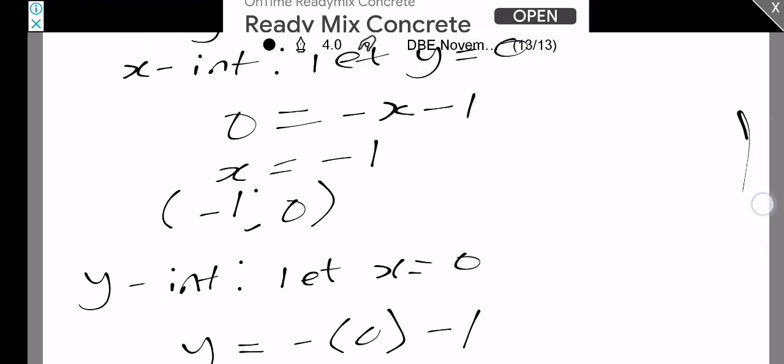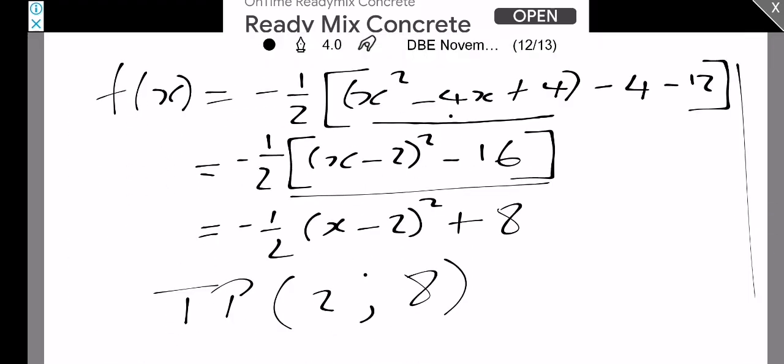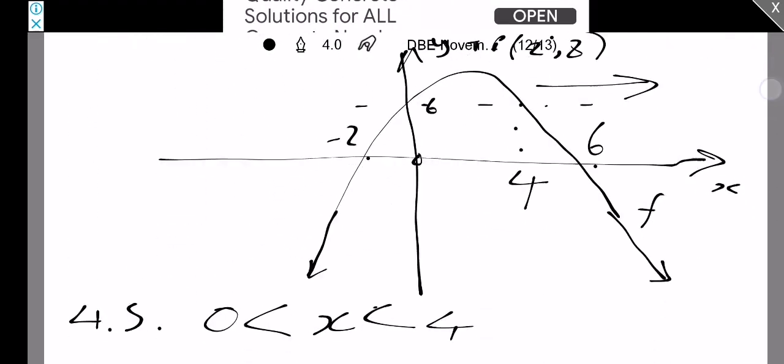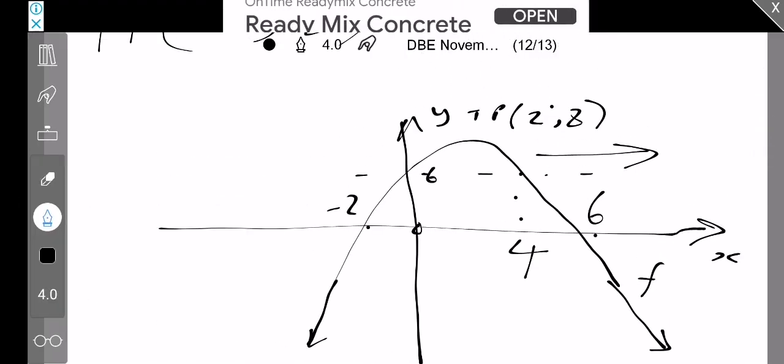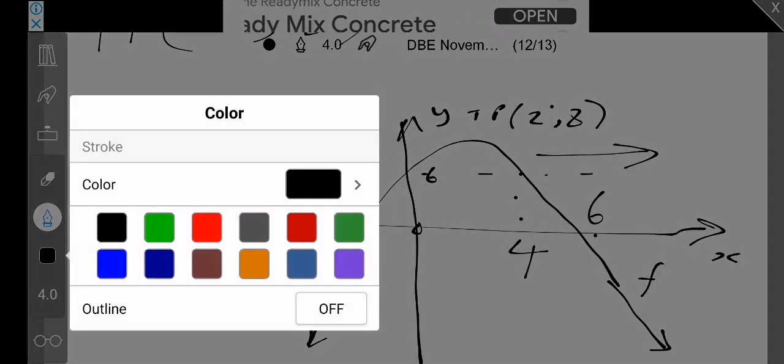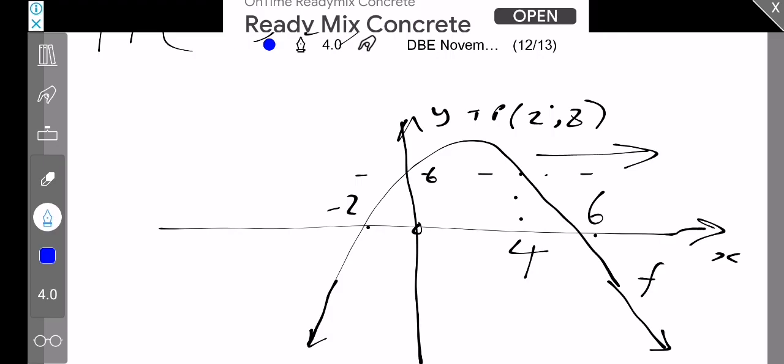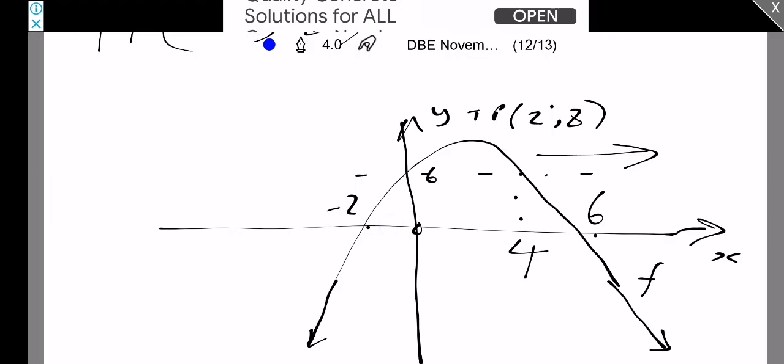Now let's go back to the graph. Since the instruction says we've got to draw it on the same axes as the graph of f, with a different color, of course, let's choose the color to be blue. The x-intercept was negative 1, say this here, and the y-intercept was negative 1.